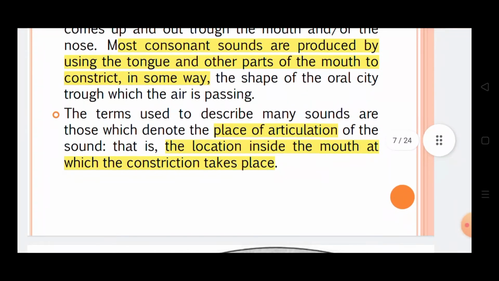And we'll also discuss manner of articulation, the manner in which we release the sound after constriction.